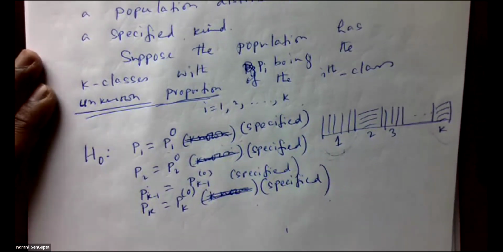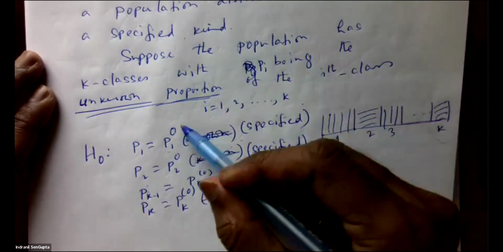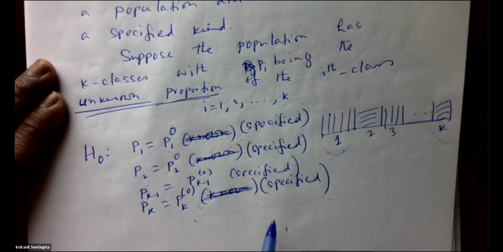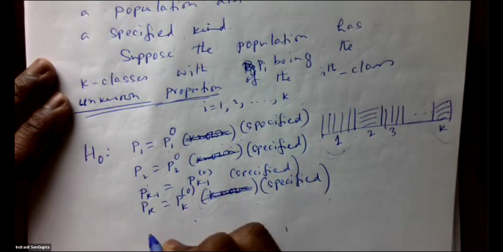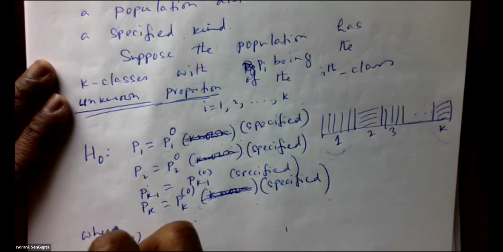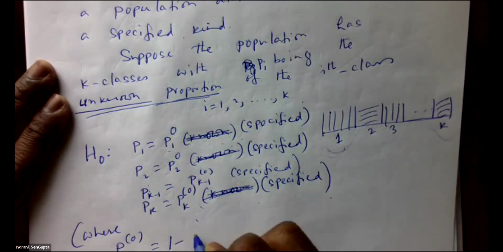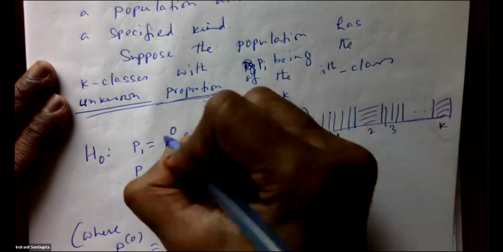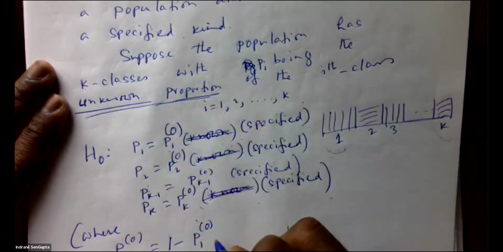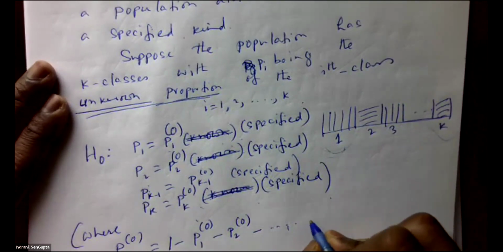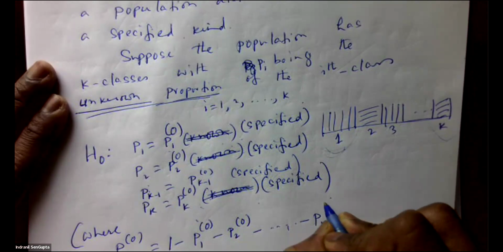Please note that these specified numbers should add up to 1 because they are proportions. In other words, p of k,0 is really 1 minus p of 1,0, let me put a parenthesis here, there are many ways of writing it, minus p of 2,0, minus all the way up to p of k minus 1,0.